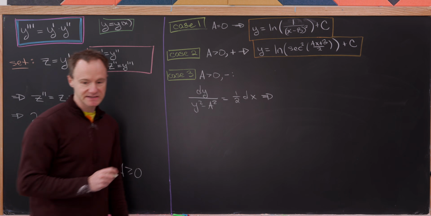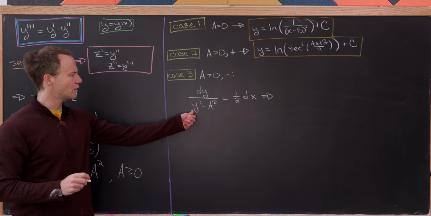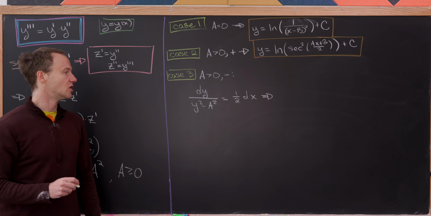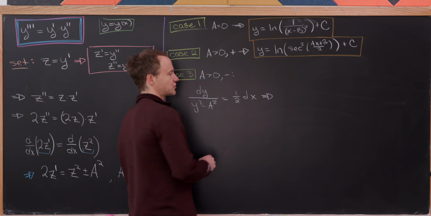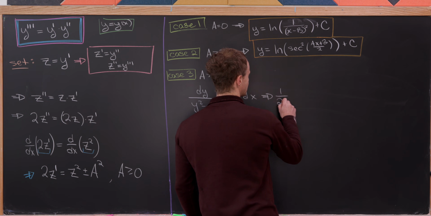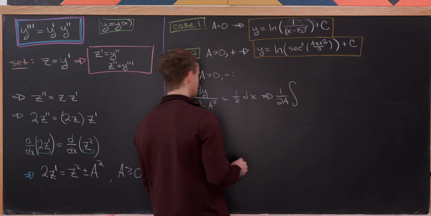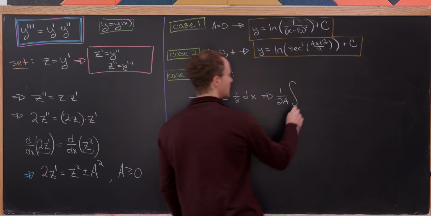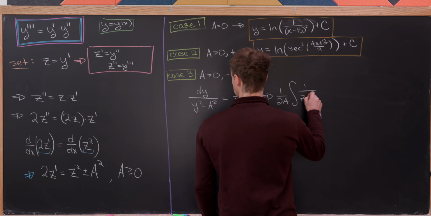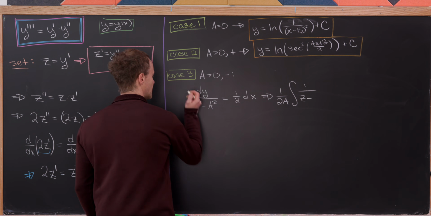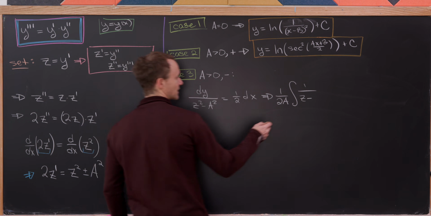Then we can take the antiderivative of both sides, and then we'll need to do a partial fraction decomposition over here on the left. It's a fairly straightforward one, so I'll just write it as 1 over 2a, and then we have the antiderivative of 1 over z minus a. Oh, this should have been a z. We're still in the z variable.